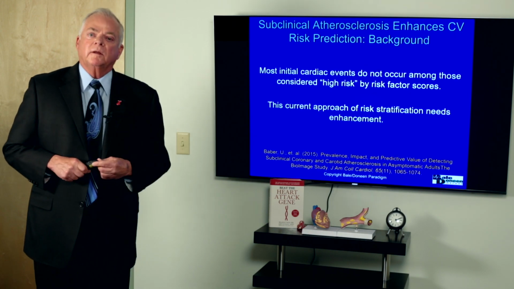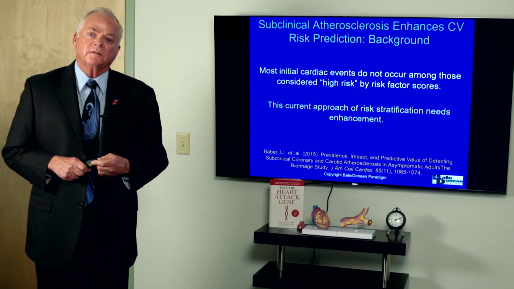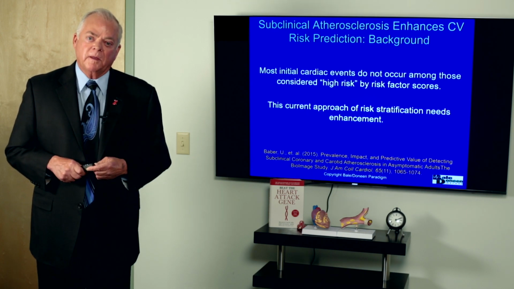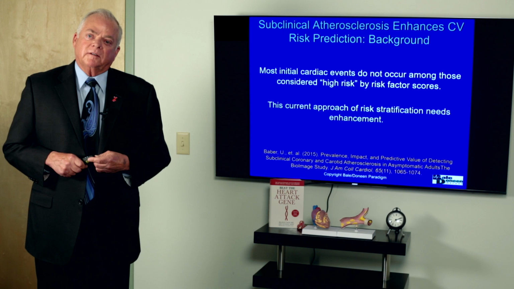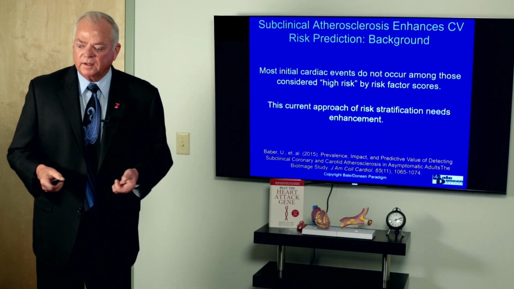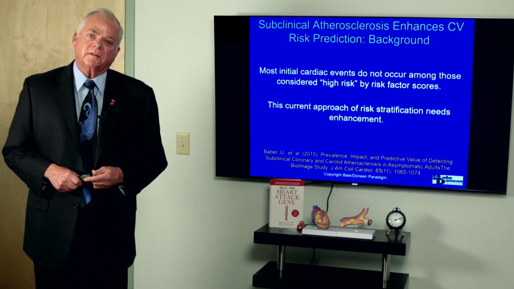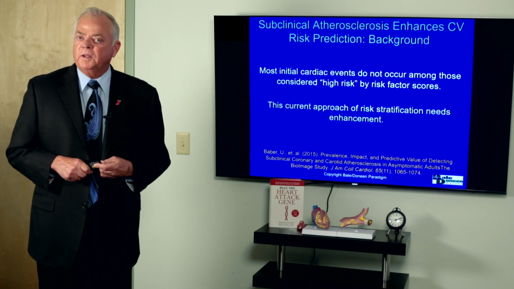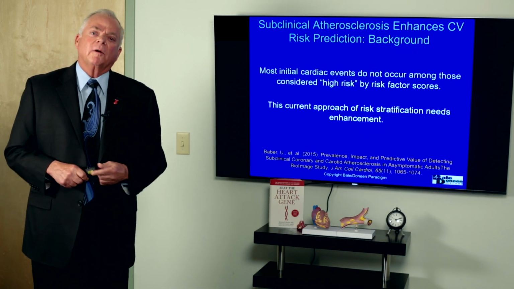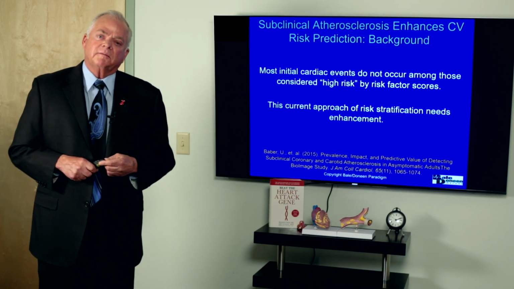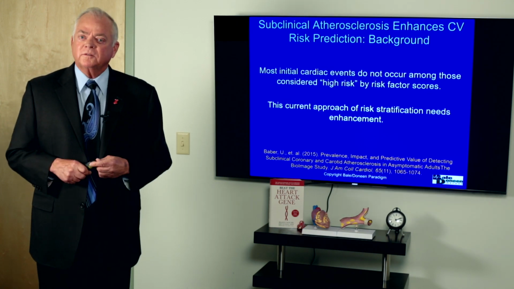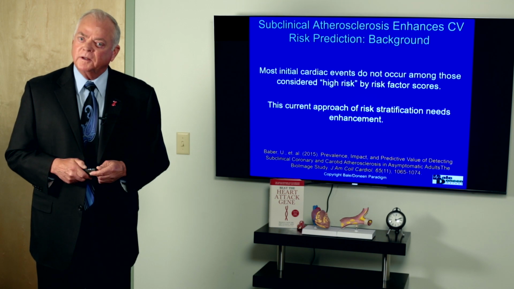Since then, numerous publications have also come along to state virtually the same thing. This publication came out in 2015 and basically stated most initial heart attacks are occurring in people that are not considered high risk. Therefore, our current method of assessing somebody for risk, which is based on simply looking at risk factors, needs enhancement.